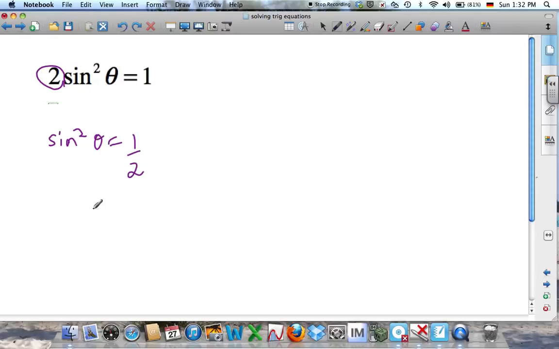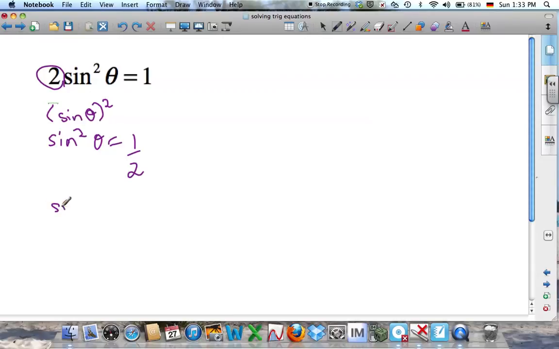Now here you just need to be careful because it's squared. And what you need to remember is when we write the squared in between the sine and the theta, it's actually the same as saying sine theta all squared. Okay, they are the same thing. So because we have something squared, just like if we had x squared, we take the square root of both sides.